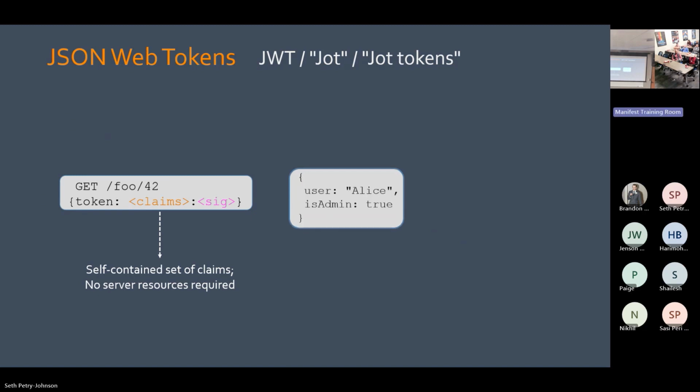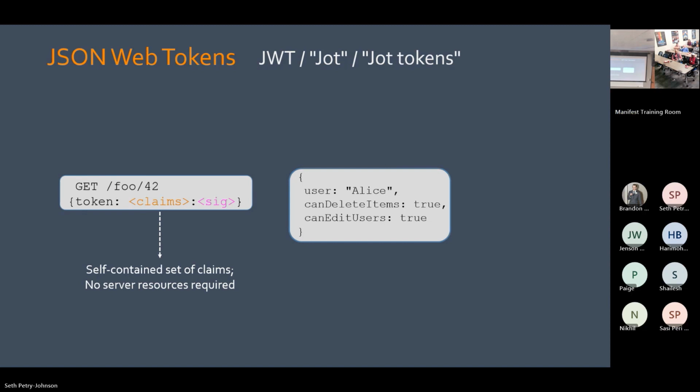But we could also include things that we need for authorization, such as, is she an administrator or not? Or even, what kind of very granular permissions does she have, right? You could include those things. And the nice thing is, you don't need to hit the server to get that information. So if you have a high volume web app, this can reduce the amount of database access that you're doing during your authorization and authentication steps.